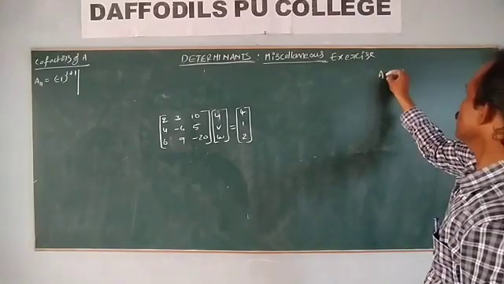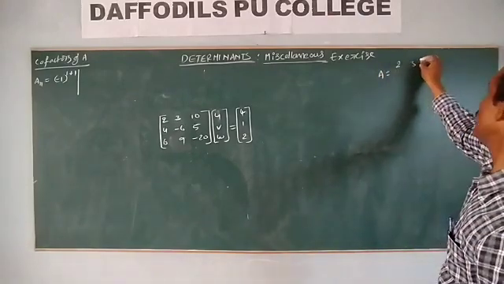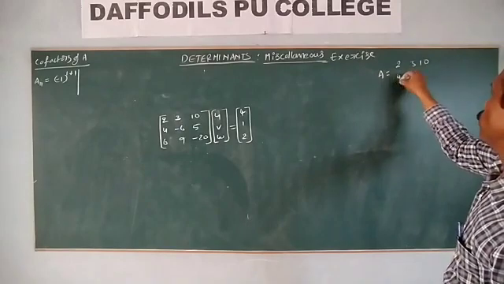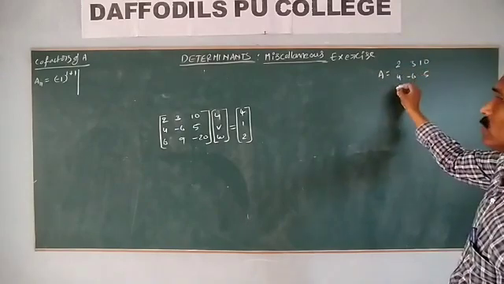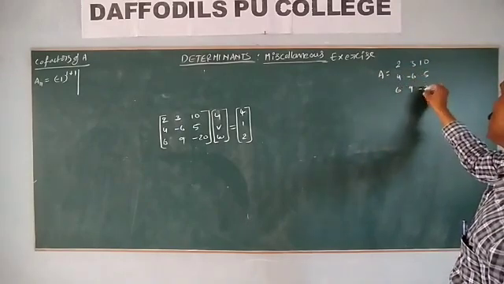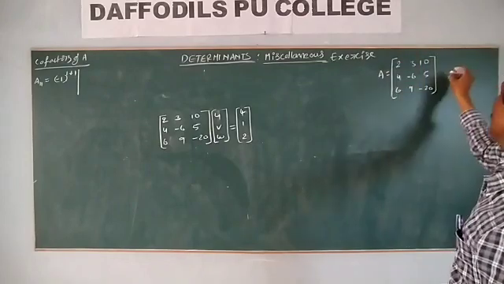Just write here. A is equal to 2, 3, 10; 4, -6, 5; 6, 9, -20. That is the A matrix.